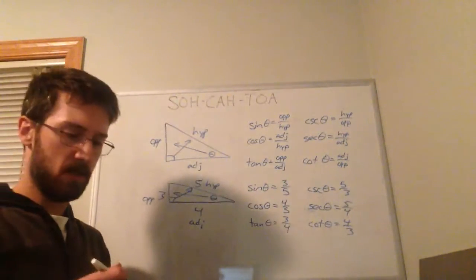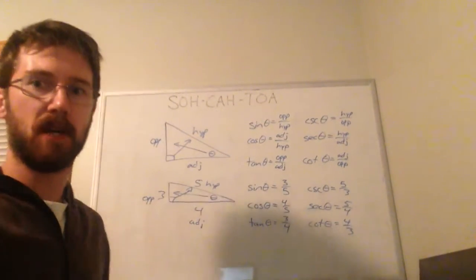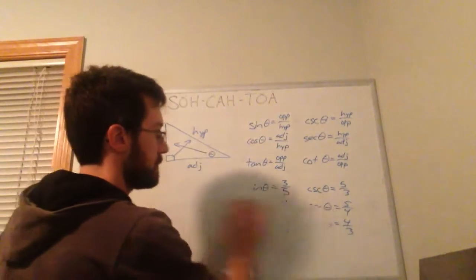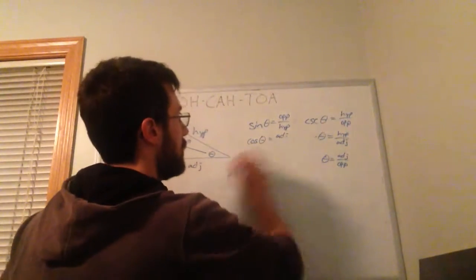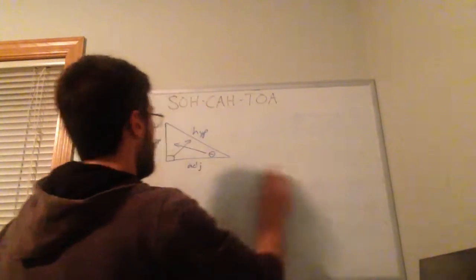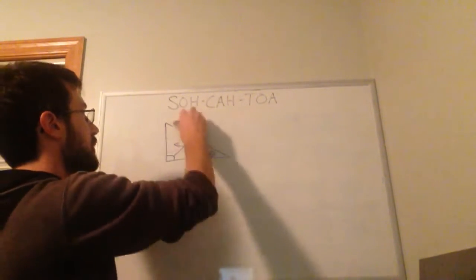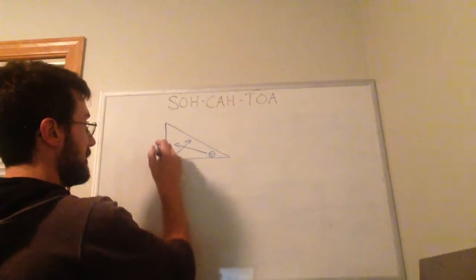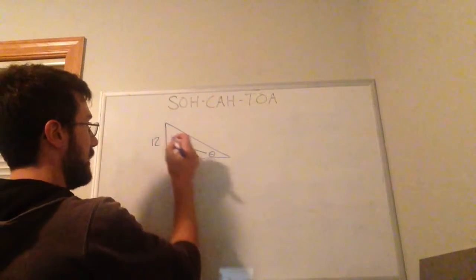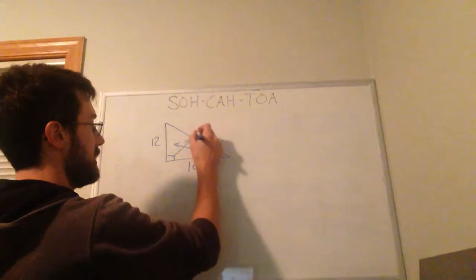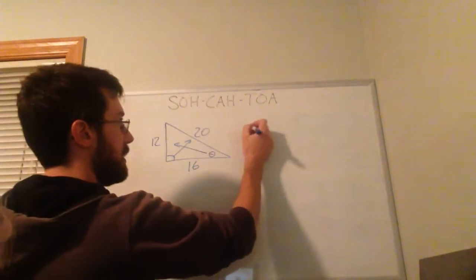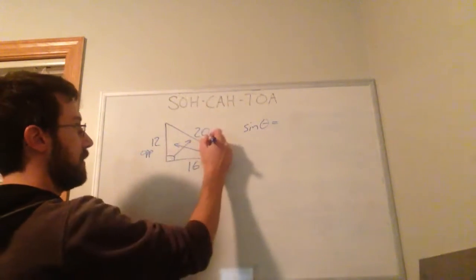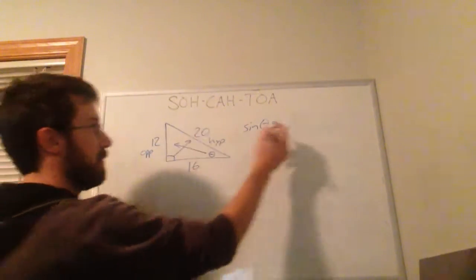Okay, so pretty basic example there. Now a couple of details with this. Let's say that I've got a triangle like this, and my triangle has sides of, I don't know, 12, 16, and 20, and I want sine of theta, which is going to equal opposite over hypotenuse, so 12 over 20.